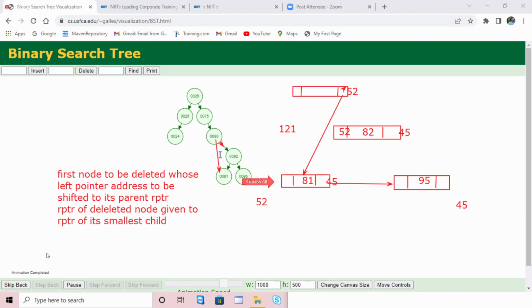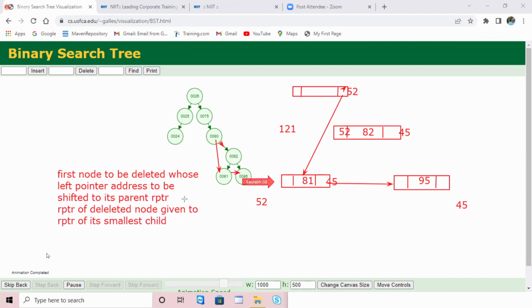So 80 is now going to point to this. If 80 needs to point to this, its RPTR, that is the right hand side pointer, will take the left hand pointer of the deleted node. So this value will get connected with this, and this value will get connected with this. This is the solution that we are getting.